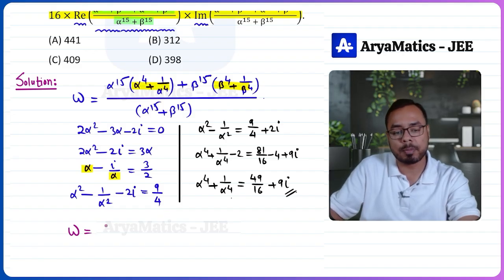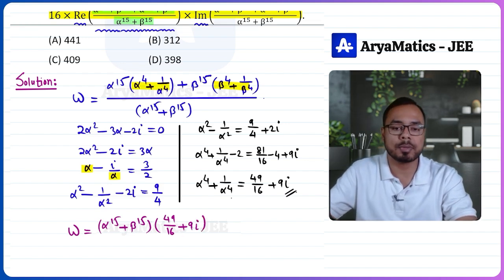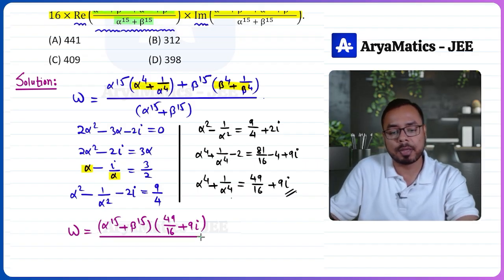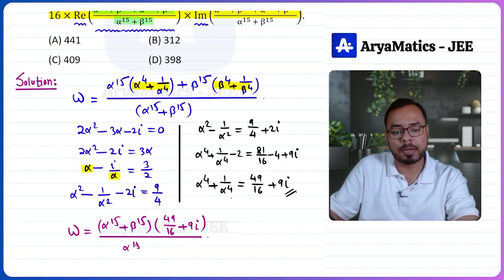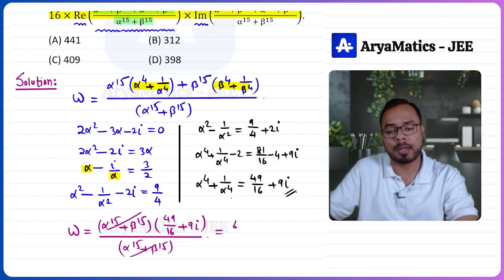So that you can take common. Then we are left with alpha raised to 15 plus beta raised to 15, multiplied by 49 by 16 plus 9 iota, because alpha and beta were roots of the same equation, so there will be the same relation in terms of beta also. And this is divided by alpha raised to 15 plus beta raised to 15. Now these two terms you can cancel. So ultimately omega is 49 by 16 plus 9 iota.